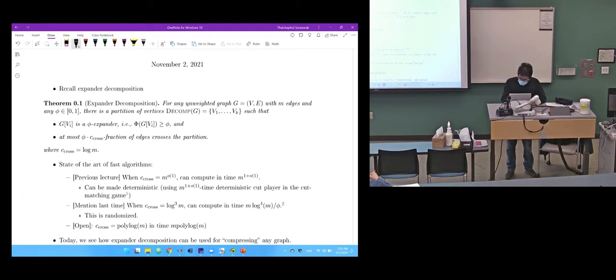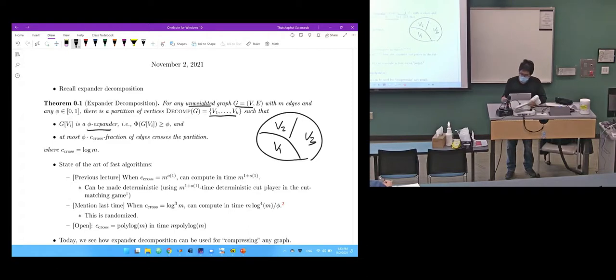But okay, let's say you have an unweighted graph, then we see that we can partition the vertex set into parts V1, V2, V3, such that each part is a phi expander, and the fraction of edges crossing the parts is just something like phi times some small factor like log n. So if we just talk about the existential result, then this thing is going to be just log m.